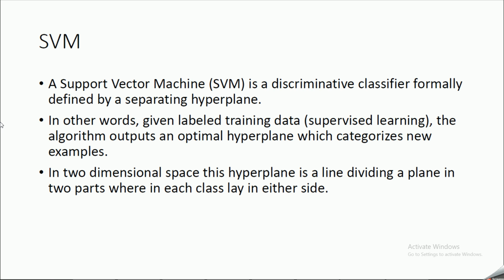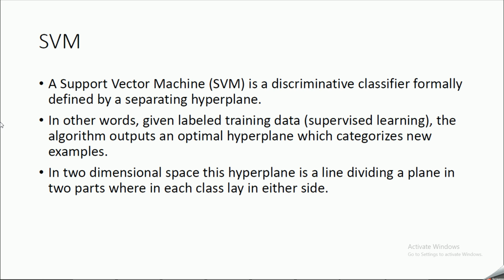As you all know, a support vector machine is a discriminative classifier formally defined by a separating hyperplane. In other words, given labeled training data, which is nothing but your supervised learning, the algorithm, that is your SVM, outputs an optimal hyperplane which categorizes new examples.